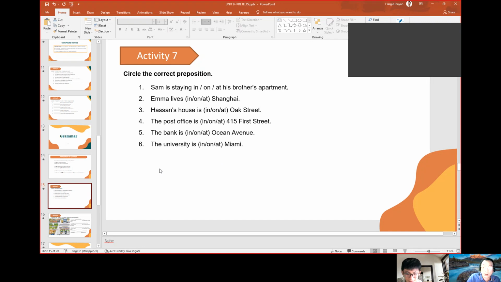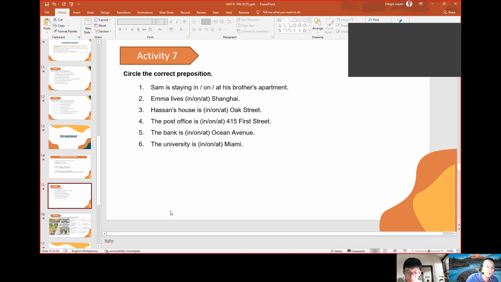It's "on" because we're talking about a street. Number four. The post office is at 415 First Street. We have to use "at" because we do not only talk about a street, but it has an exact number in it. That's correct.